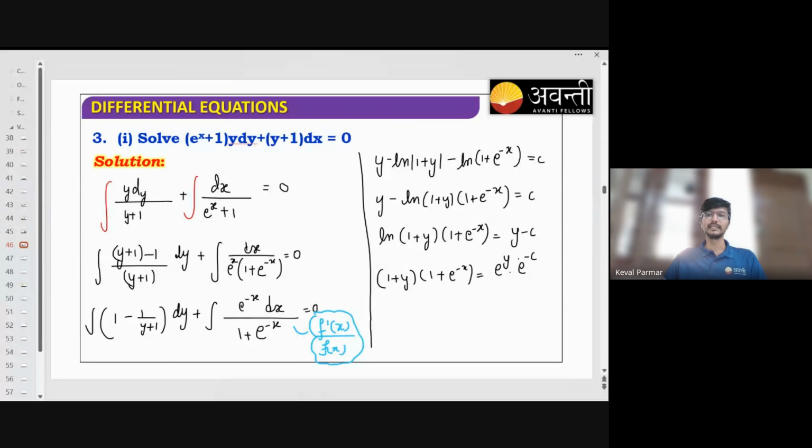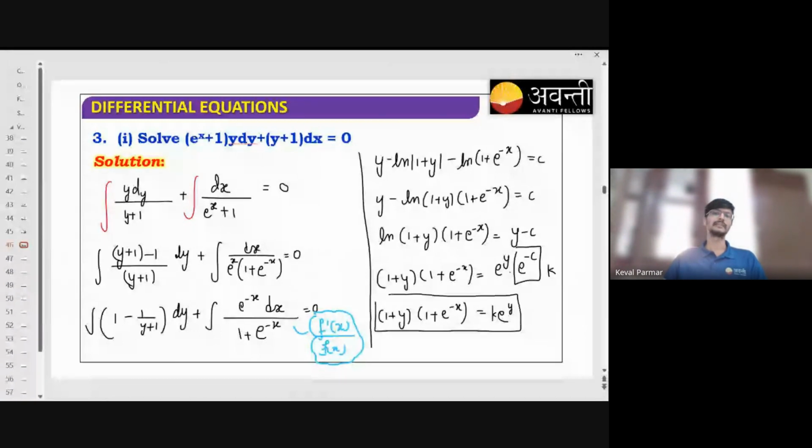Now I can write this as another constant k. So my final answer will be (1 + y) into (1 + e raised to minus x) equals k times e raised to the power y.